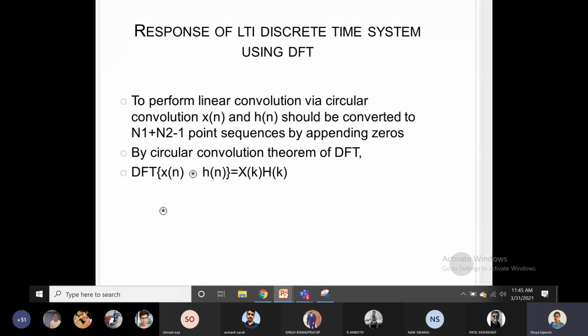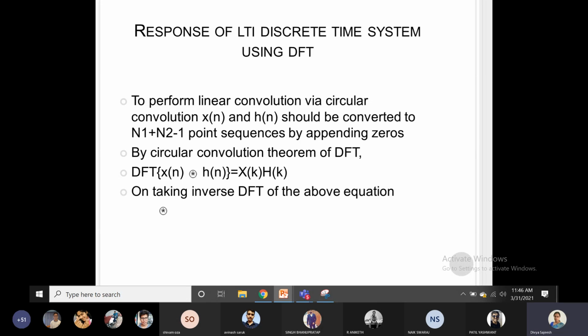There also it has transformed into a product of terms. So here also the operation is the same; the only difference is the method by which we obtain it. For circular convolution, the length of the sequence has to be equal to the length of y of n.